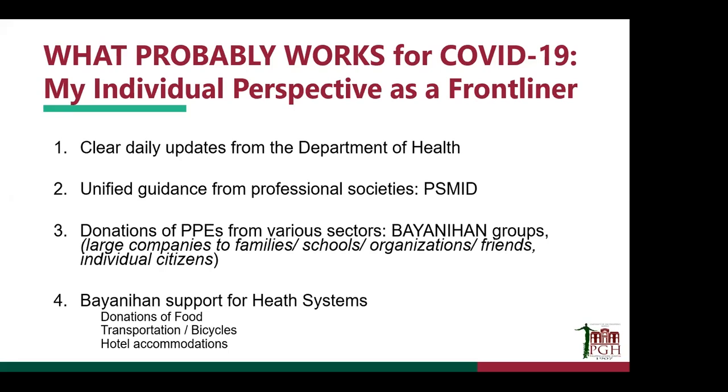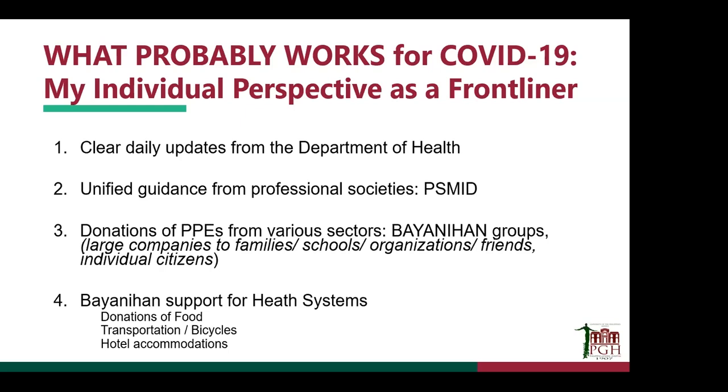So there's a lot of donations, both from government and from private companies, families, schools, organizations, friends, and just regular individual citizens trying to pitch in whatever they can contribute to the healthcare system. And number 4, because we're in lockdown, when we work in the hospital, there's really no source of food other than the donated food from different people.